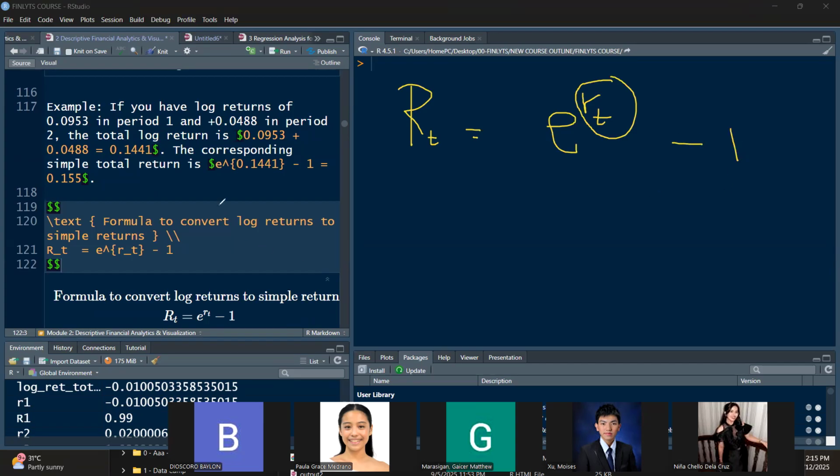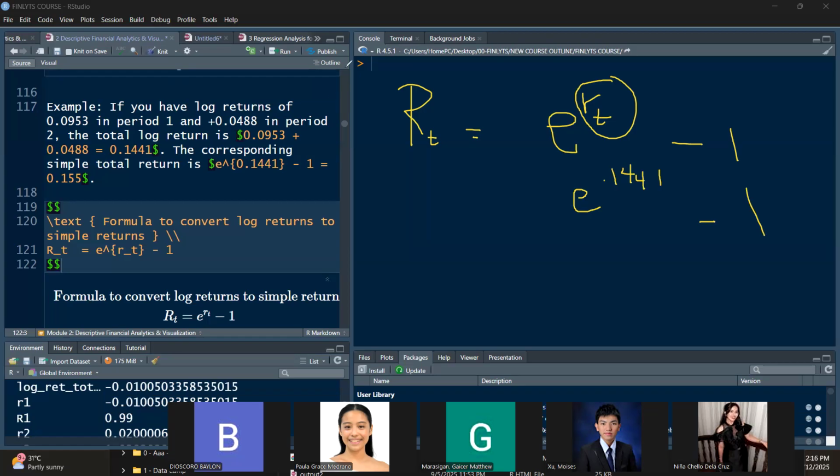Again, class, can you please compute this one? e to the 0.1441 minus 1. What do you get, class?